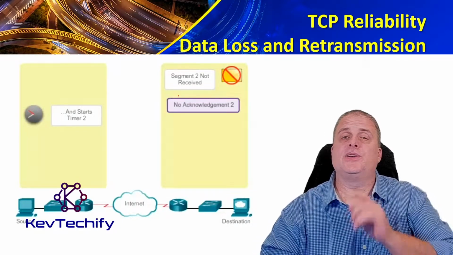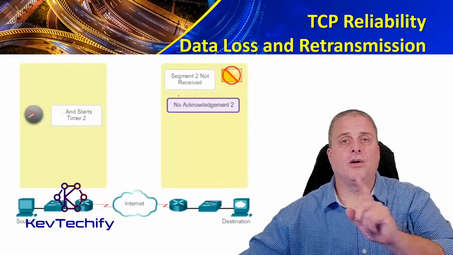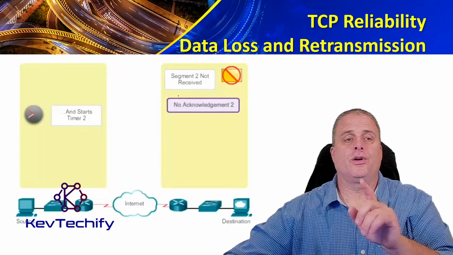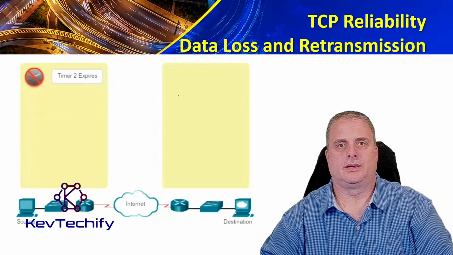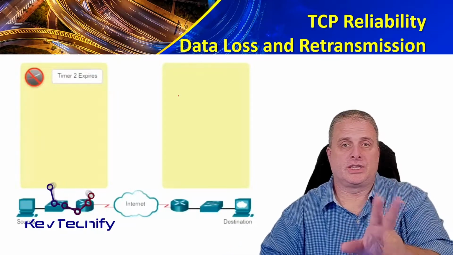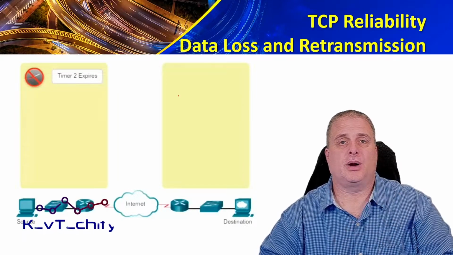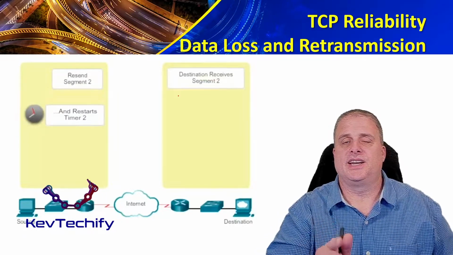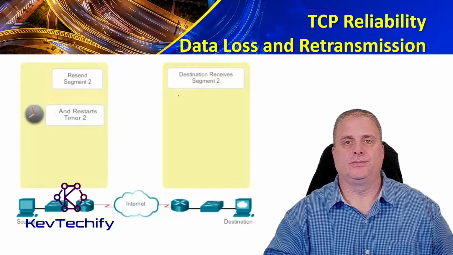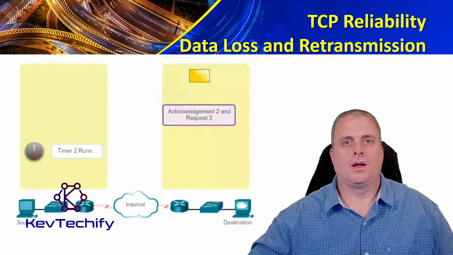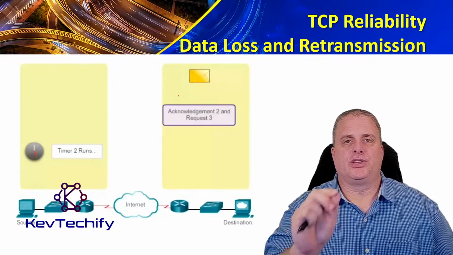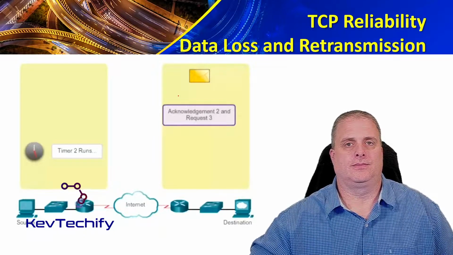If it does not receive an acknowledgement from the destination before that timer for segment 2 expires, it's going to resend segment 2. So the timer for segment 2 has expired. The destination receives segment 2. This time the information was received while that timer for segment 2 continues to run.